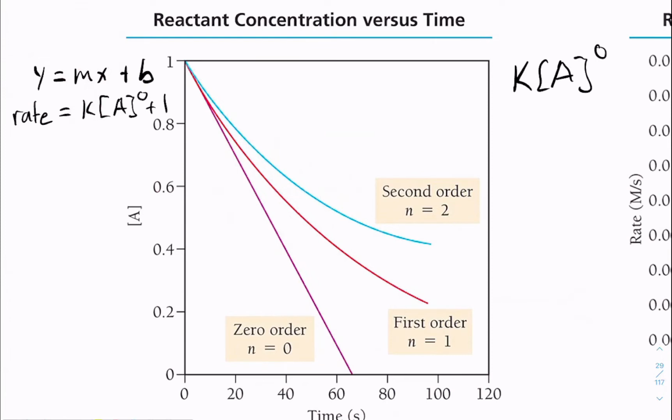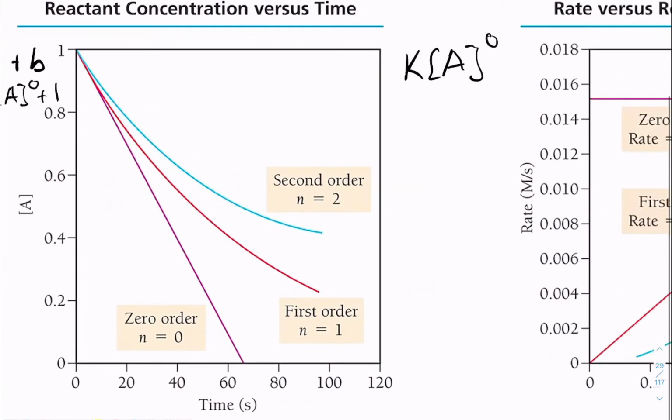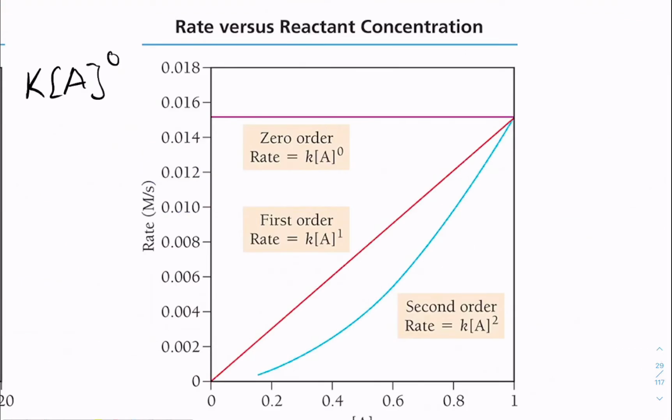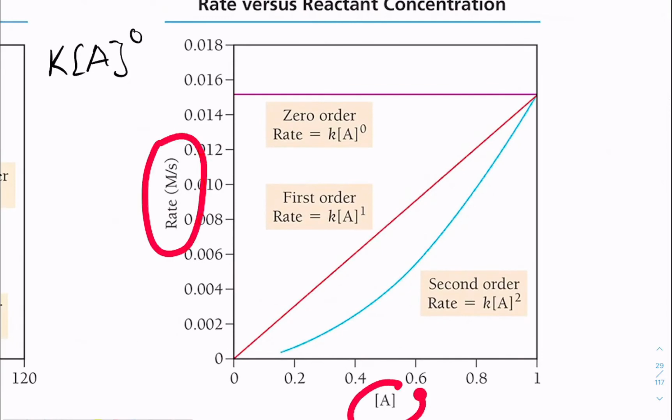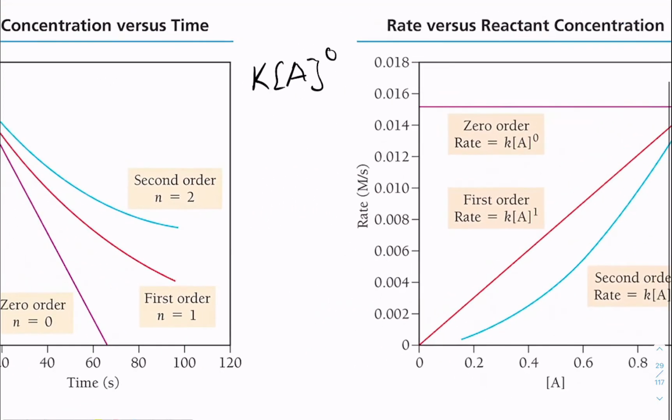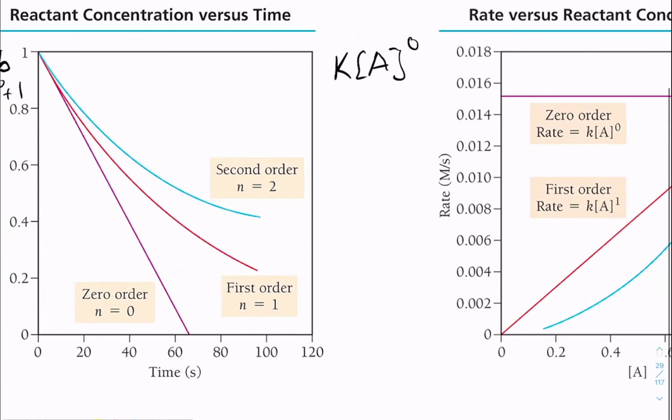And then if we take the derivative of these lines, and we just look at the rate as the concentration, actually it's not quite the derivative of these lines, is it? But if we look at the rate as a function of the concentration of A, zero order is just a straight line. So then when we move over to our first order reaction, now instead of just decreasing at a constant rate, the rate is decreasing over the course of the reaction because now it's k times A to the 1.